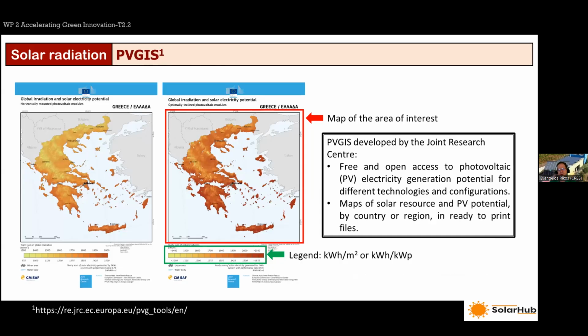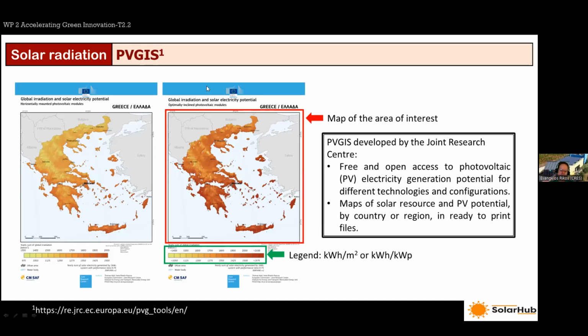It's an interactive tool, but among other things, it enables the downloading of some maps that depict the solar radiation distribution of specific countries as a function of the size of the photovoltaic system, or to be more accurate here, it's per unit, it's per kilowatt peak.